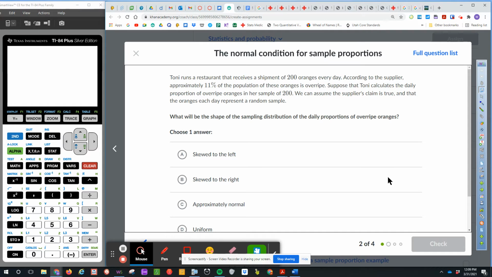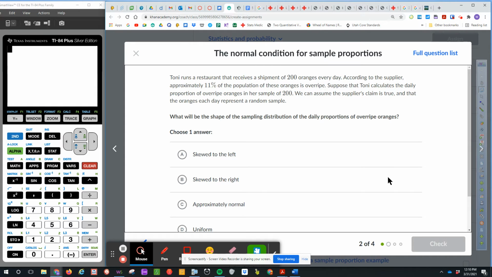Tony runs a restaurant that receives a shipment of 200 oranges every day. According to the supplier, approximately 11% of these oranges are overripe. Suppose Tony calculates the daily proportion of overripe oranges in her sample of 200.